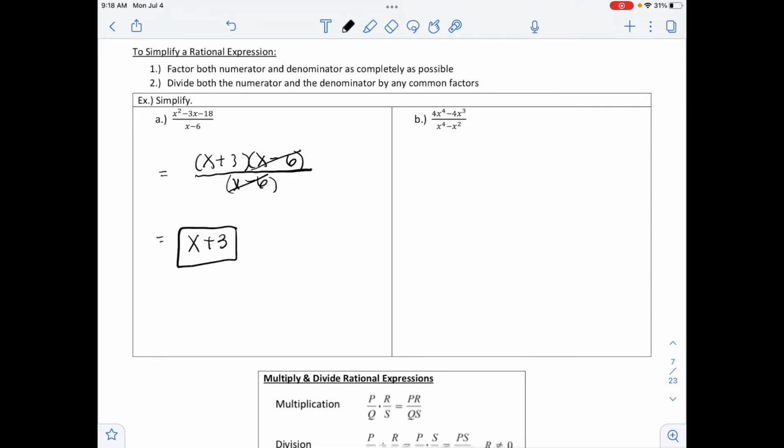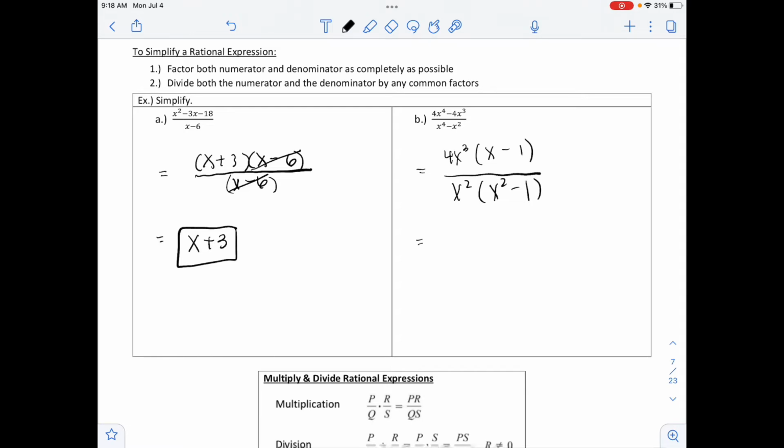Likewise for b, we have 4x to the fourth minus 4x cubed over x to the fourth minus x squared. Factoring out our GCF, in the numerator we have 4x cubed, and we're left over with x minus 1. In the denominator, we're able to factor out an x squared, and we are left over with x squared minus 1.